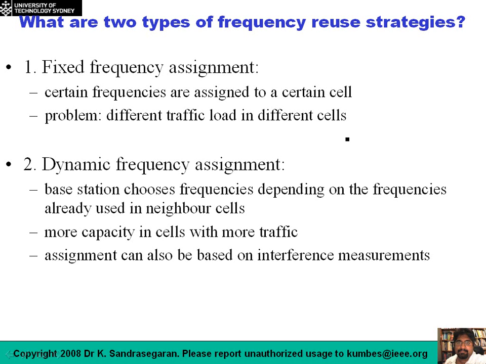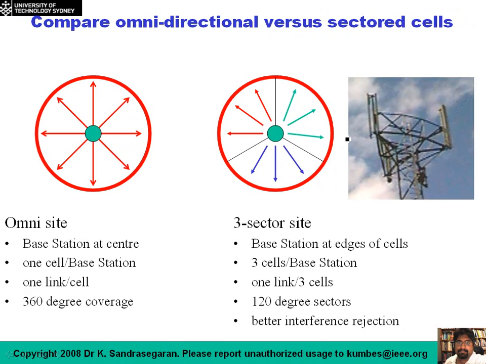Initially, base stations may have a small set of frequencies allocated, but when the load in a particular base station rises, they may be allocated more frequencies because they're having a high load. So dynamic frequency assignment is the one that is more likely to be used. And again, the networks are constantly making interference measurements, and these are being reported, and this is what is used to dynamically allocate frequencies to various cells.